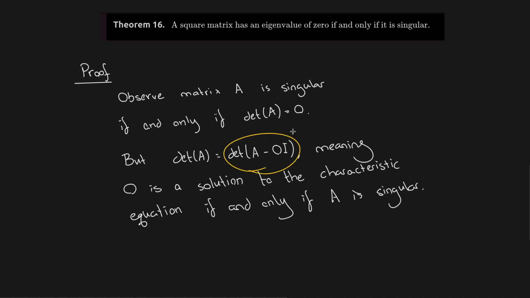Okay? If this is equal to 0, as these two equations suggest, then 0 is a solution of the characteristic equation and therefore an eigenvalue of the system, right? If you're a solution of the characteristic equation, then you're an eigenvalue. And so singular matrices, non-invertible matrices, they have an eigenvalue of 0, and if a matrix has an eigenvalue of 0, then it is a singular matrix.